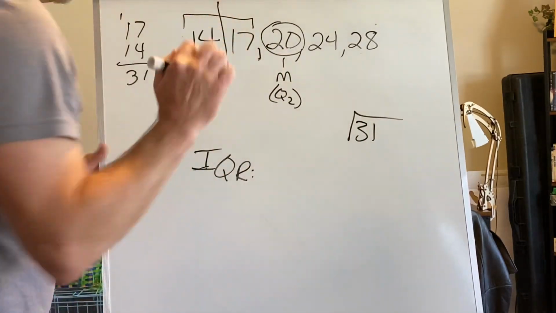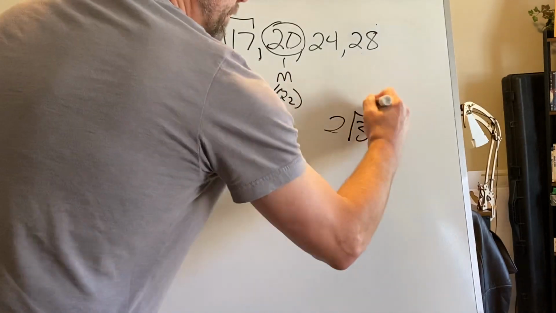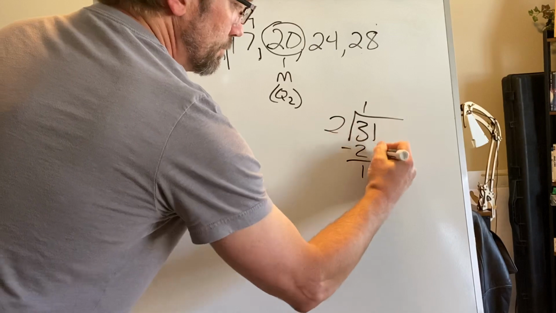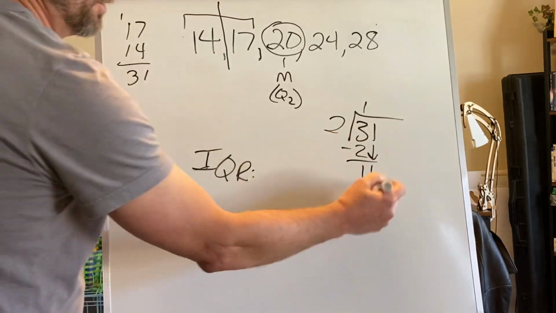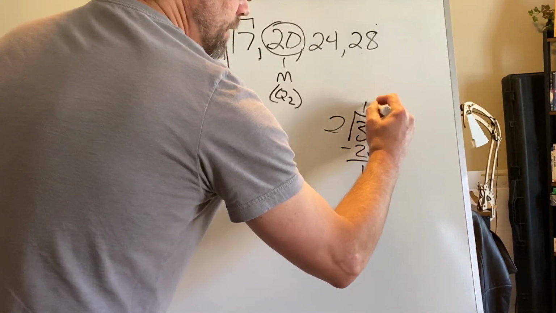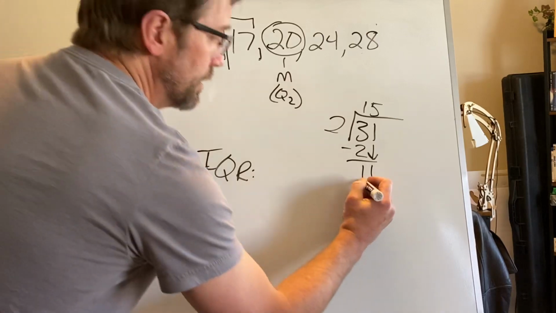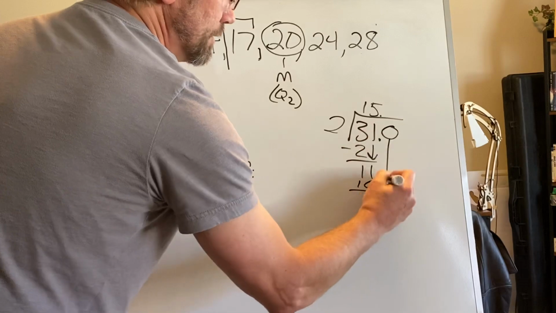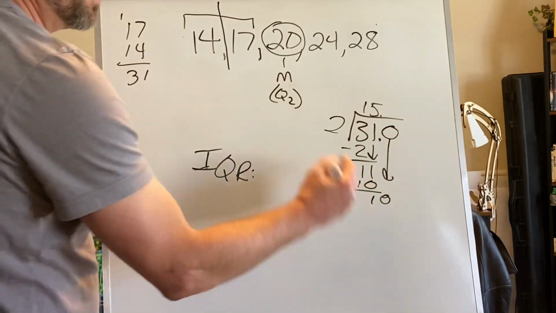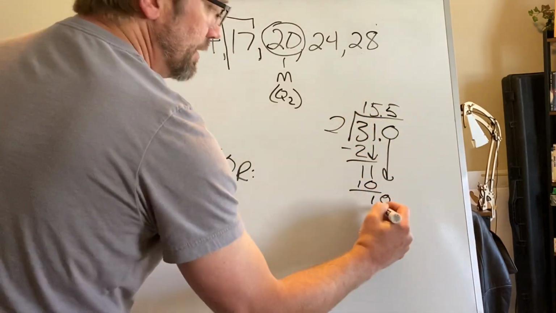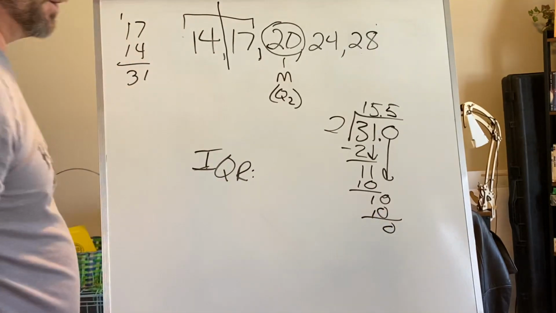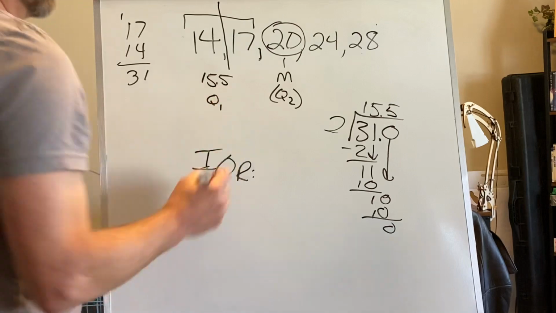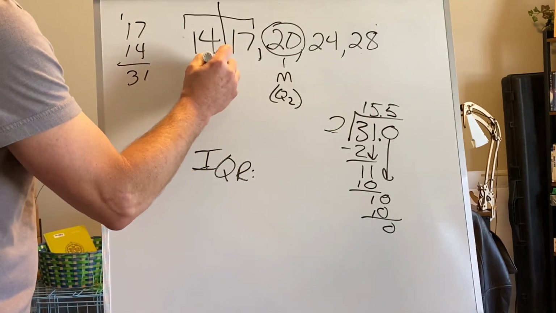And I added two numbers together, so I divide by 2. 2 goes into 3 once, subtract, bring down the 1. 2 goes into 11, 5 times. 1 left over, add a decimal, add a 0, bring it down. 2 times 5 is 10. No remainder. So 15.5 is our quartile 1, right?